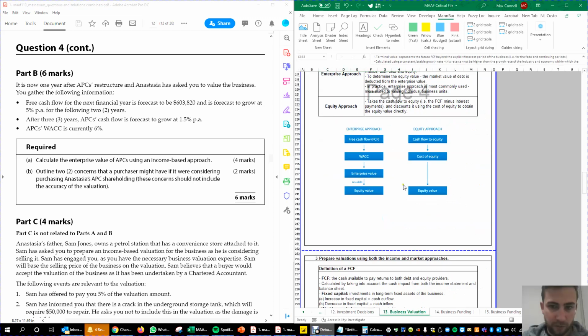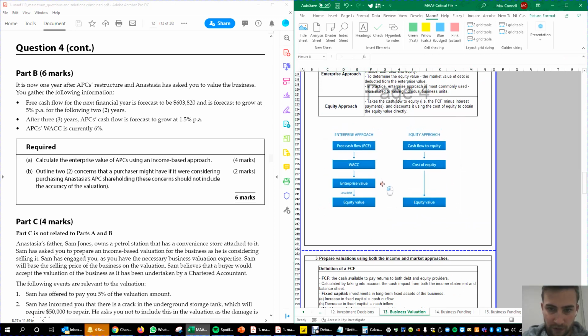Okay, so to calculate enterprise value using free cash flow, this is the approach. So we look at free cash flow. We figure out if it's a perpetual period that we're looking at or a fixed term period. I think generally for the MAAF module, we're looking at perpetual cash flows.